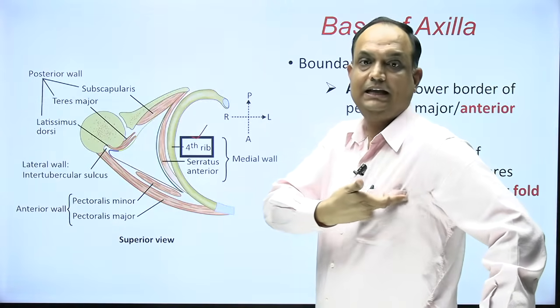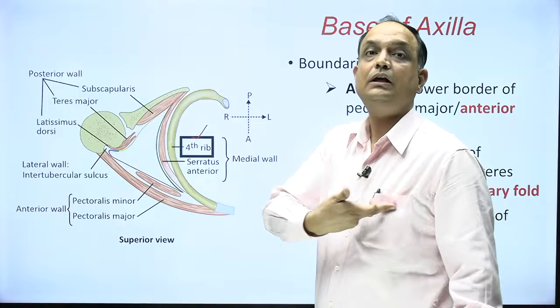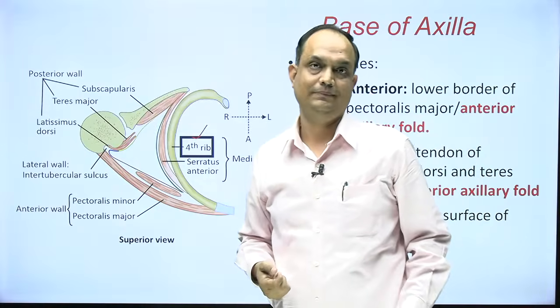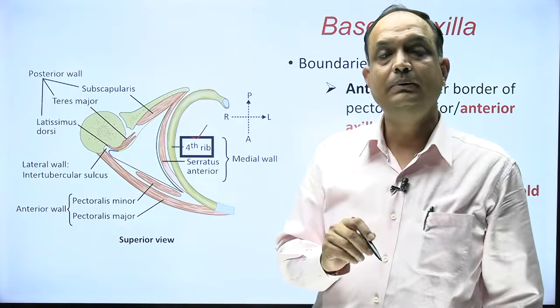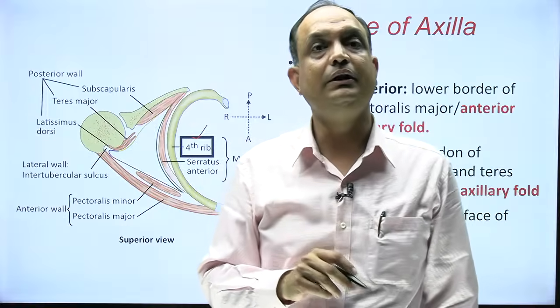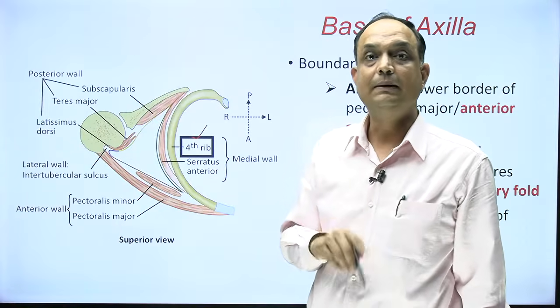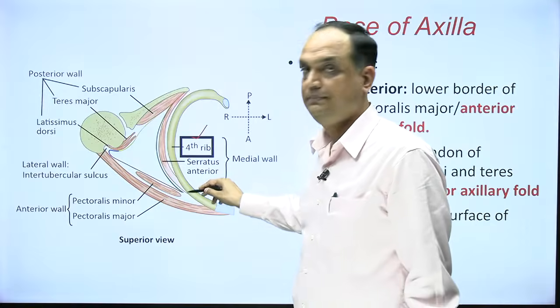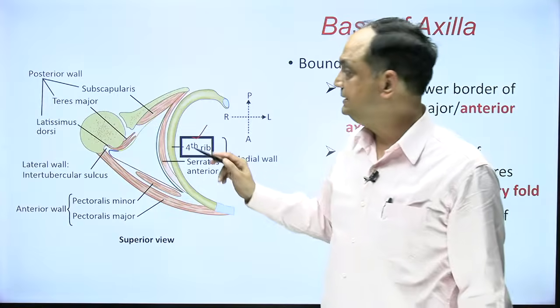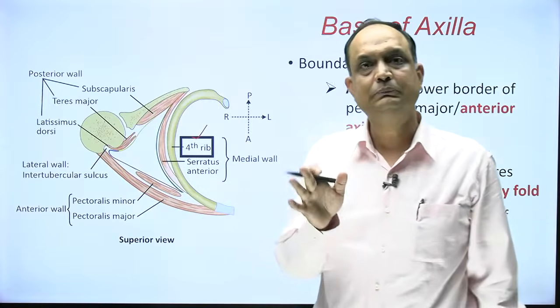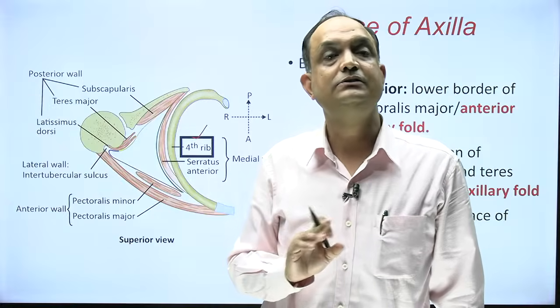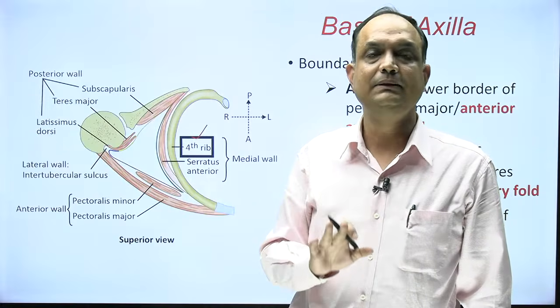Now this area is almost equivalent to the fourth rib. So in most of the books, whenever you are reading the base and the apex, you will realize in the apex this is the first rib, but in the base this is your fourth, or some books say fifth rib, but it is not below that. Please keep this thing in mind.